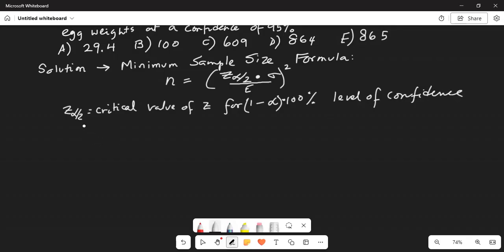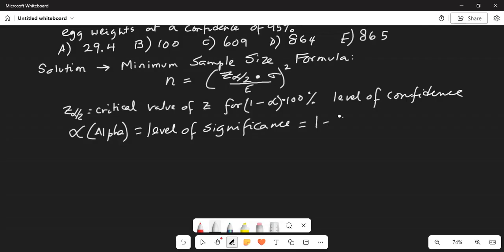So alpha, this is read as alpha. This is level of significance. And that is equal to 1 minus C, where C is the level of confidence.